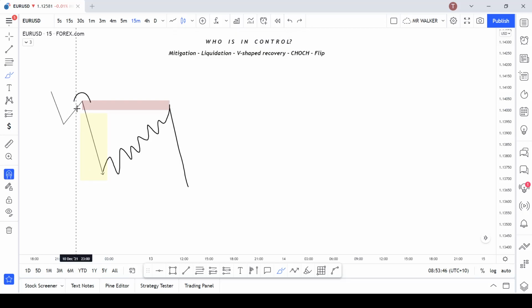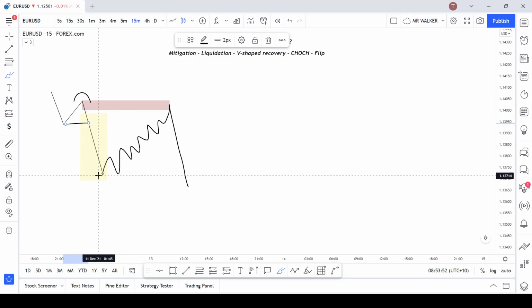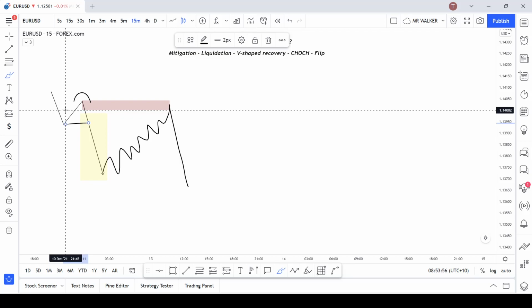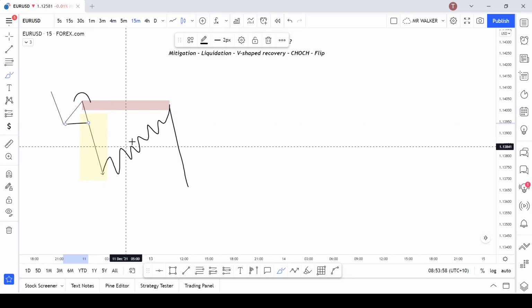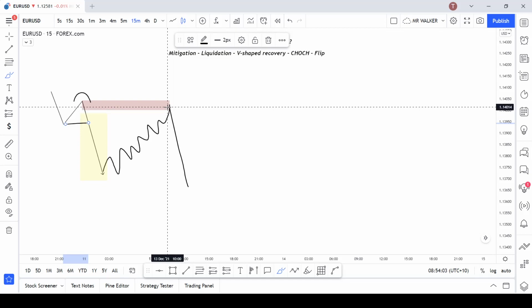So even though we had an expansion to the downside, this high didn't sweep the liquidity to the left. And whenever price comes to the supply, there may still not be enough liquidity to bring the price to the downside.